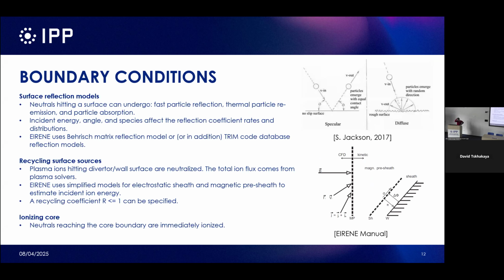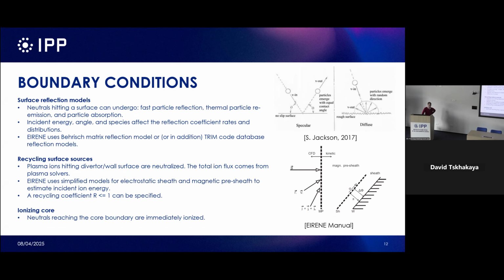So what happens to the particles when they encounter a boundary? They can undergo different reflections or reactions, for particle reflection or thermal particle emission or absorption, where these probabilities and the resulting energy of the particles depend on the incident energy and angle and the species of the particle.